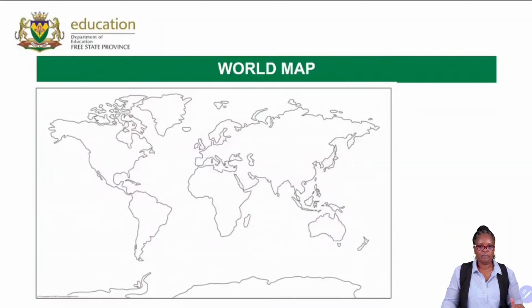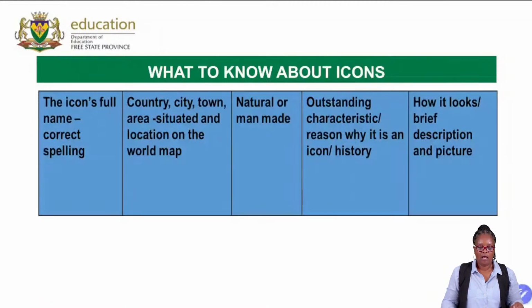When you look at the icons, you need to know that in the exam you are not going to be asked to just mention or identify these icons. There are situations whereby they'll give you a scenario, a case study about a specific icon.